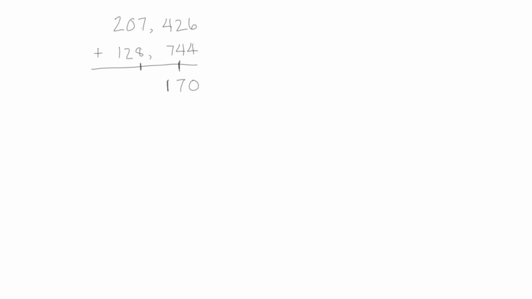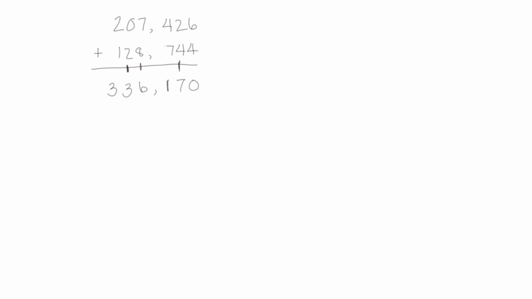Then I have 7,000s plus 8,000s is 15,000s plus 1 more is 16,000s. I'm going to exchange 10 of those for a 10,000, leaving me 6. I have 0 10,000s plus 2 10,000s plus 1 10,000 gives me 3 10,000s. And I have 200,000 plus 100,000 gives me 300,000. So that would be my solution.